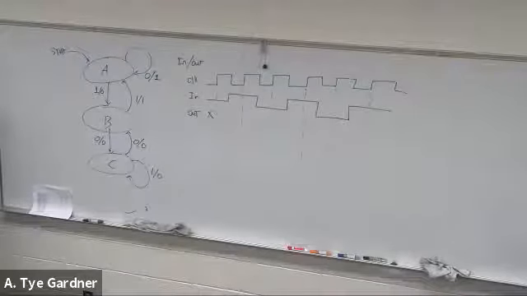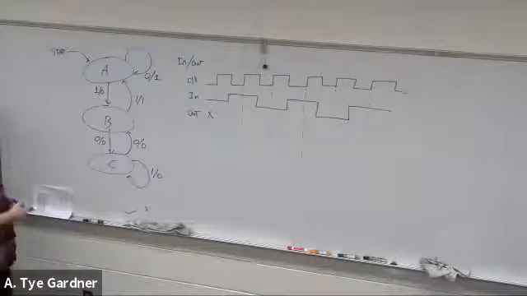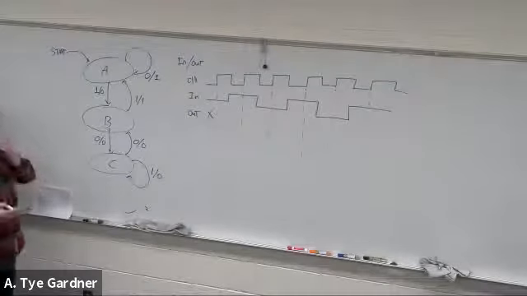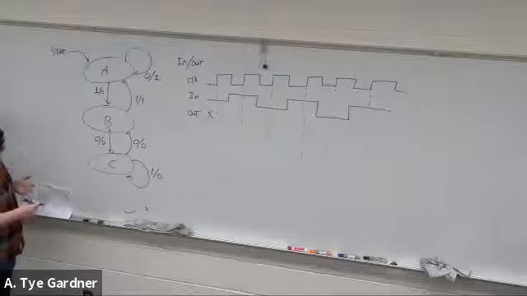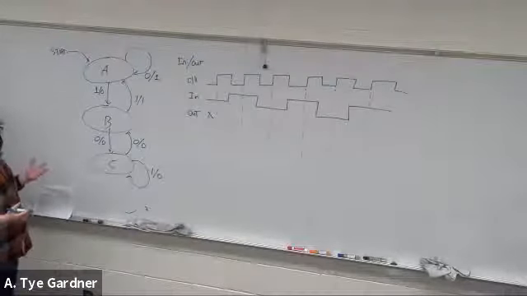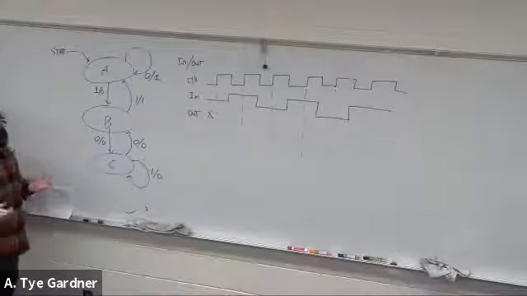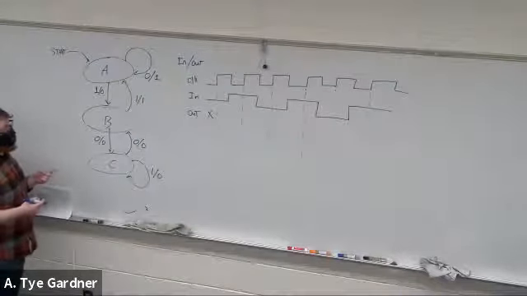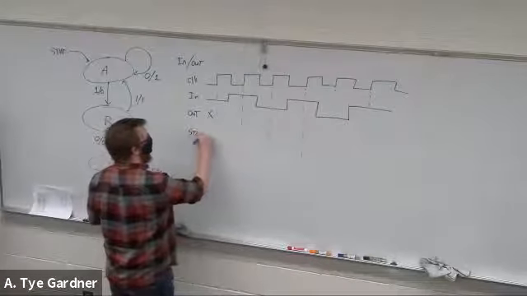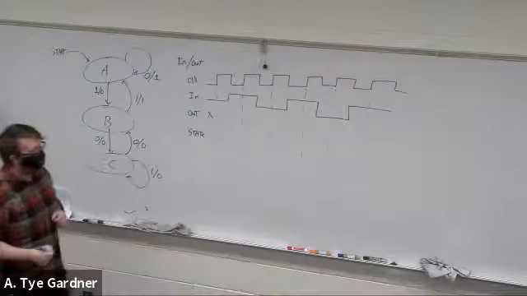Now, what is our output going to do? Well, it starts out, we don't know. We don't know what the output is because we haven't had an evaluation, right? We haven't had a rising edge of the clock yet. So after that, we get a rising edge of a clock and we see a 0. So what happens? Well, we hang out, and I'm going to write a new line that just says state so that we can talk about this.